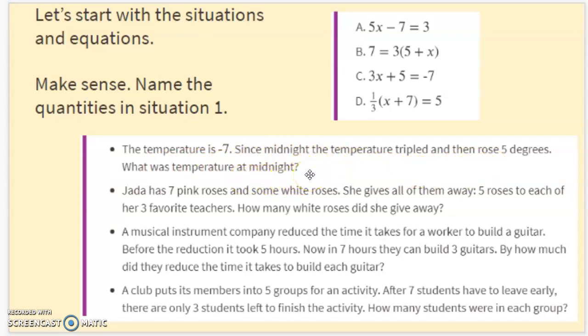There are several quantities about temperature in this situation. Looks like the current temperature is -7. The temperature has been changing since midnight. It tripled, then it increased 5 degrees. Before you go any further, draw a model that matches the situation.